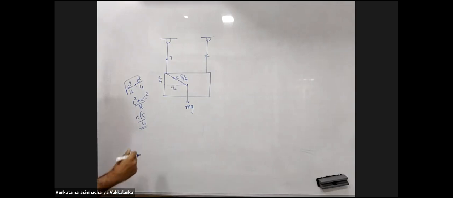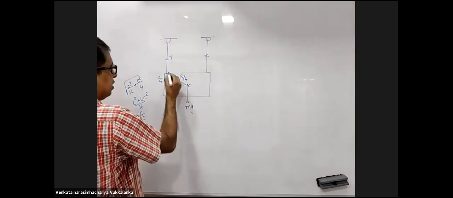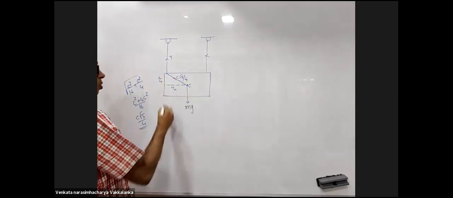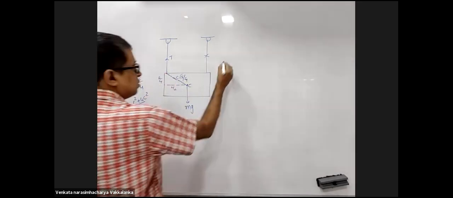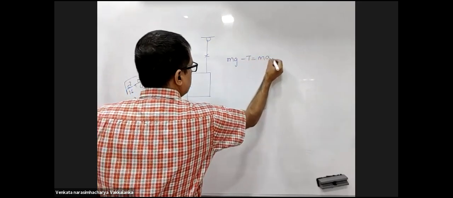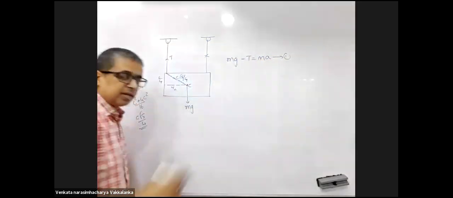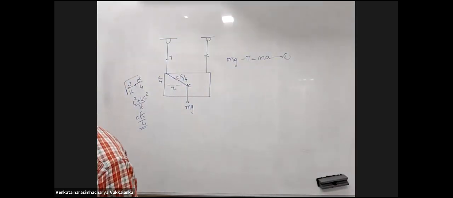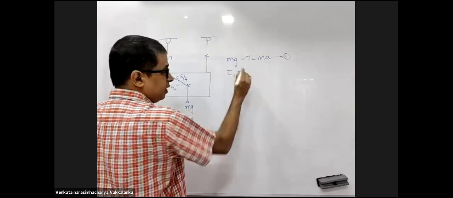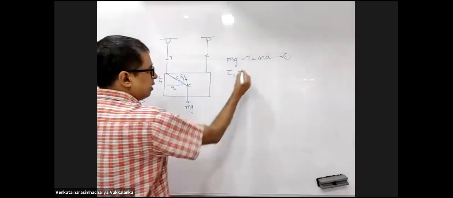Why are you interested in that? R alpha, this is the center of mass, right? I will take the torque about the center of mass. First equation is mg minus T is m into A. A will be the acceleration of what? Center of mass. Torque about center of mass is the safest bet.